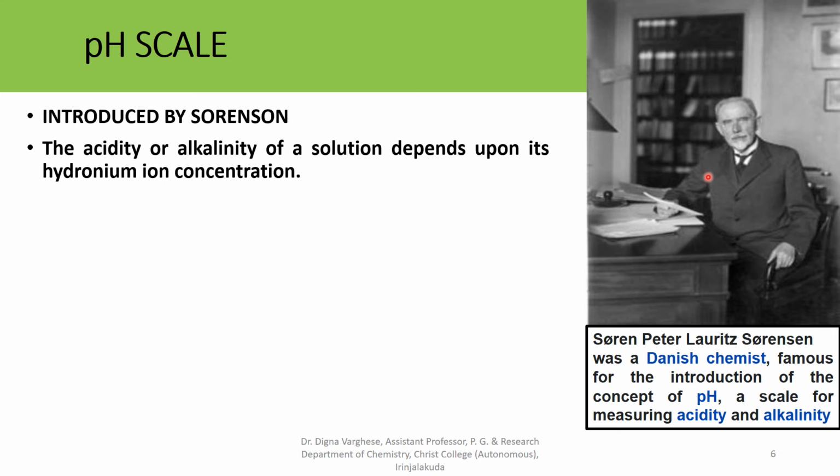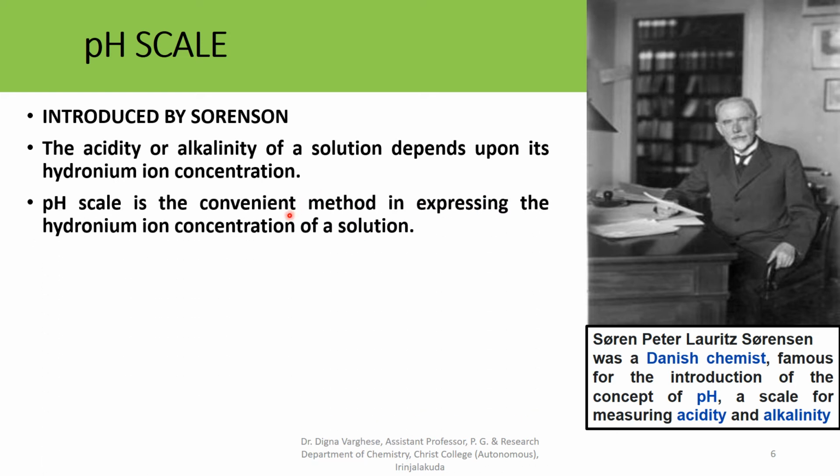The acidity and alkalinity of a solution depends upon its hydronium ion concentration. The pH scale is a convenient method of expressing the hydronium ion concentration of a solution.